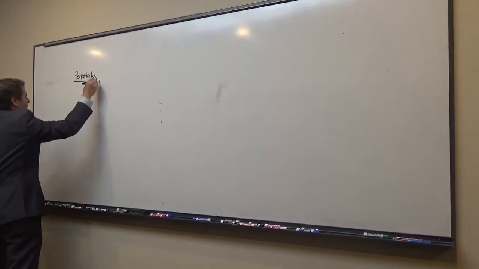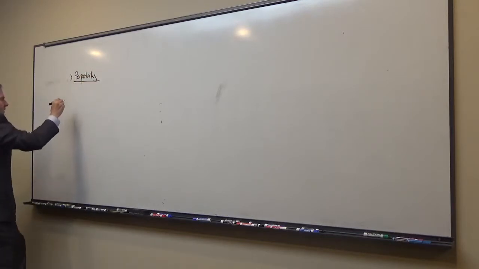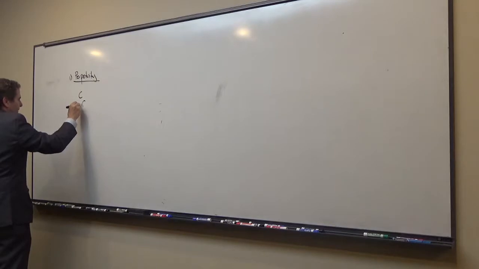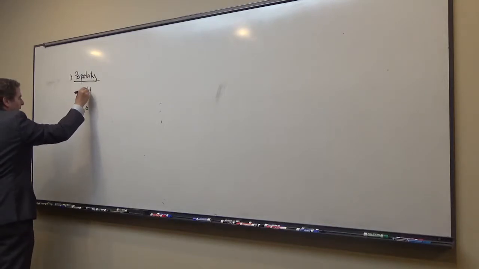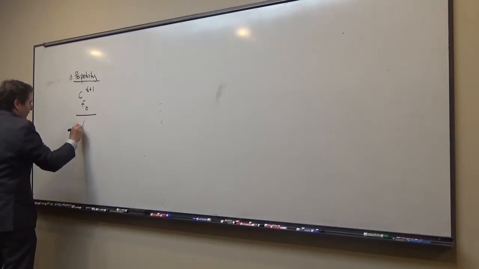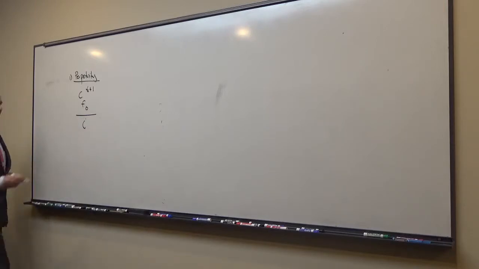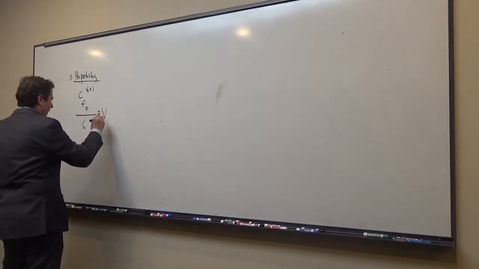So the perpetuity model, the first one, assumes that the cash flow 1 year out divided by your expected return is going to give you the value.